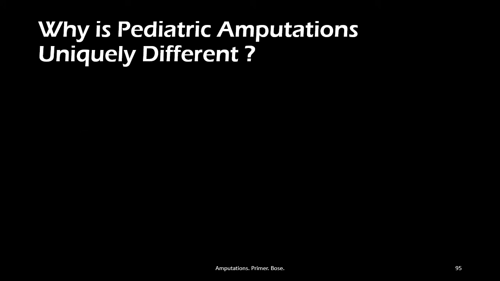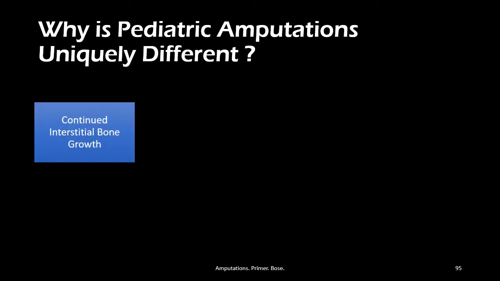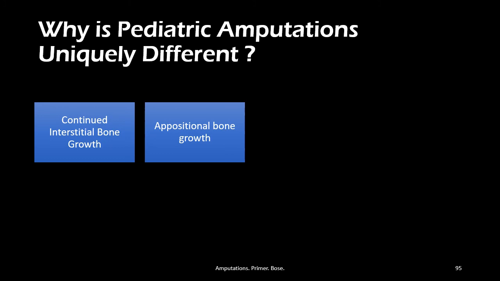Pediatric amputees face numerous unique physiological challenges. Their bones are in the development phase and see both interstitial as well as appositional growth that helps in increasing the length and breadth of the bone.